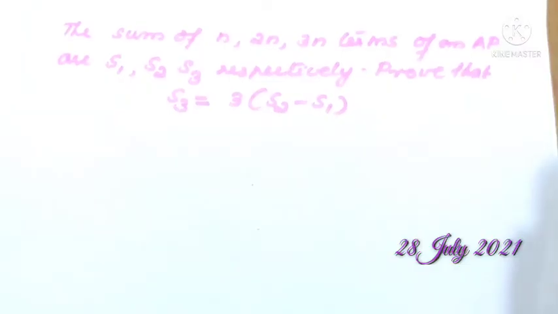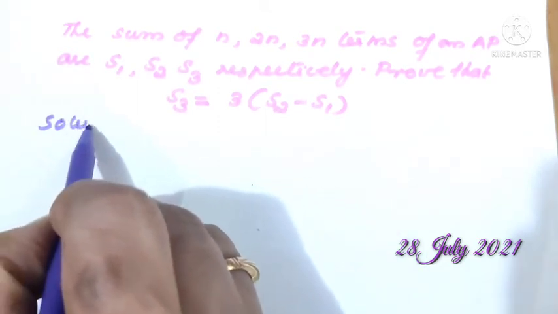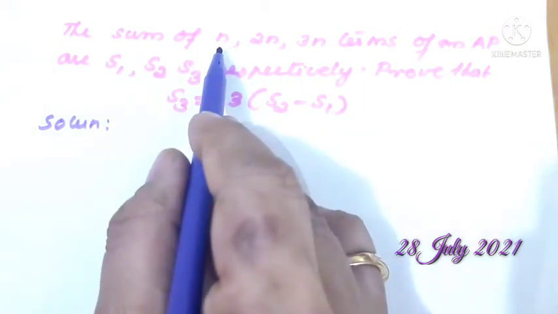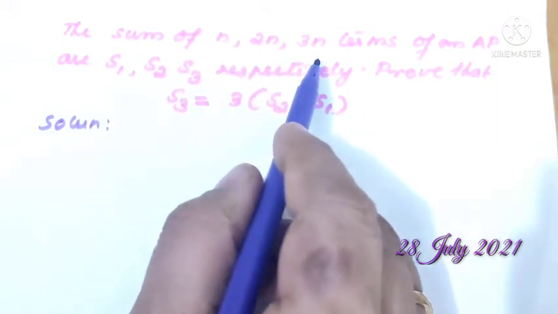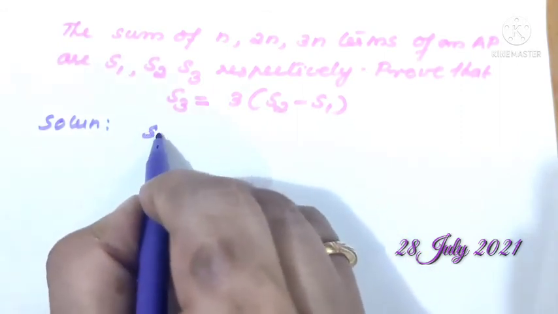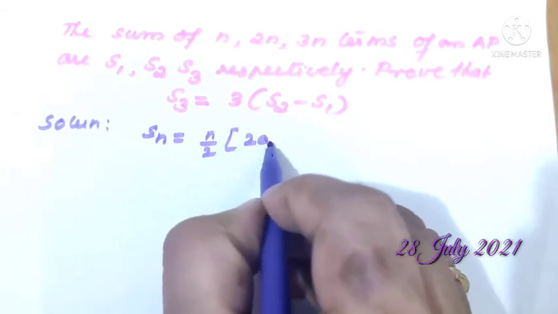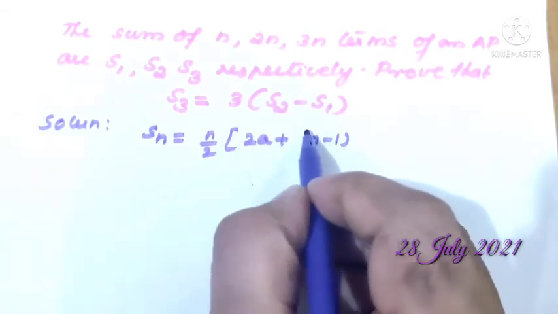The sums of n, 2n, 3n terms of an AP are S1, S2, S3 respectively. Prove that S3 equal to 3 into S2 minus S1. So here it is given: sum of n terms, sum of 2n terms, sum of 3n terms. The formula for the sum of n terms is n by 2 bracket 2a plus n minus 1 into d.